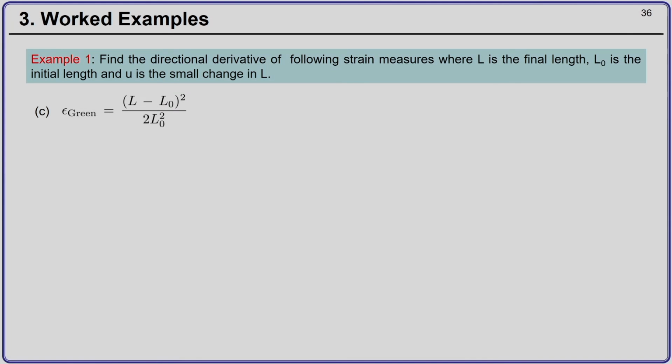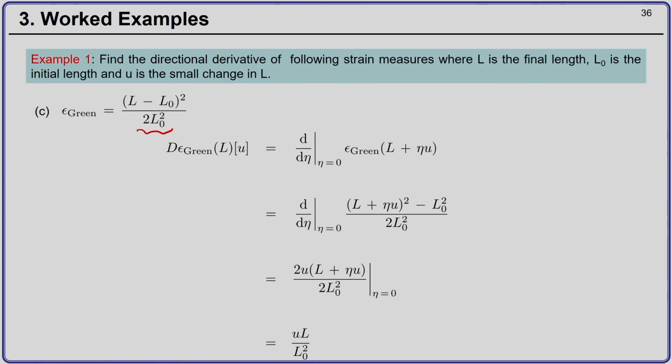Next, we go to our third strain measure, which is nothing but the Green strain, and this is defined as L minus L 0, the whole square, divided by twice L 0 square. So, taking the directional derivative of the Green strain at length L in the direction u will be given by the following expression.